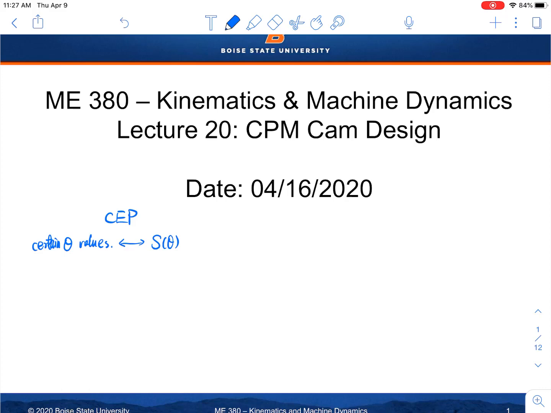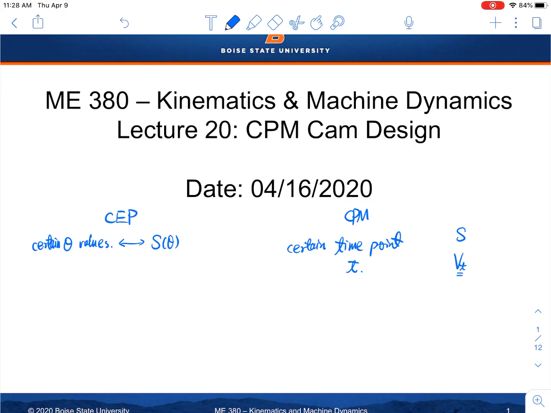But then here, we're going to have to deal with CPM, critical path motion. For CPM, it's no longer for theta values only. We want to make sure at certain time points t, your displacement, your velocity, let's name it as vt.